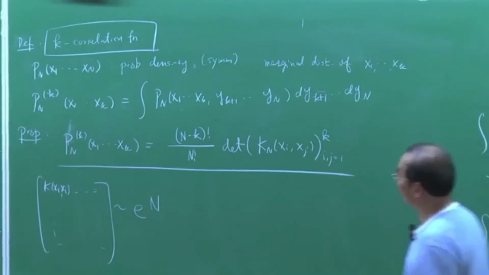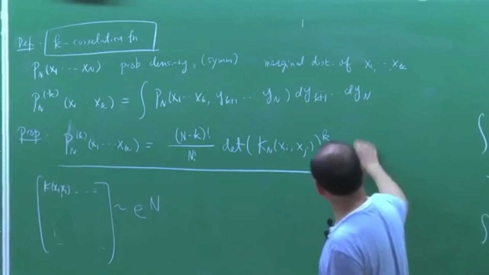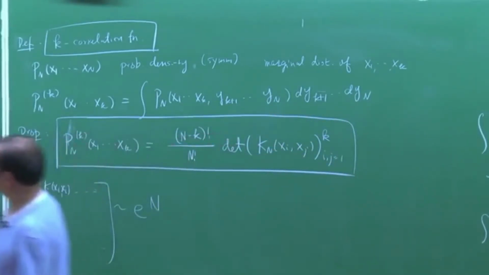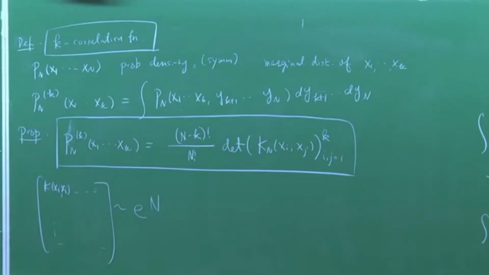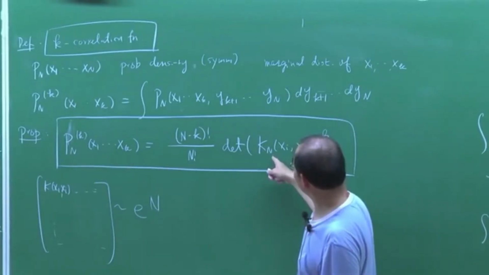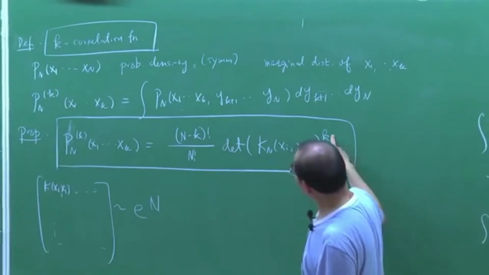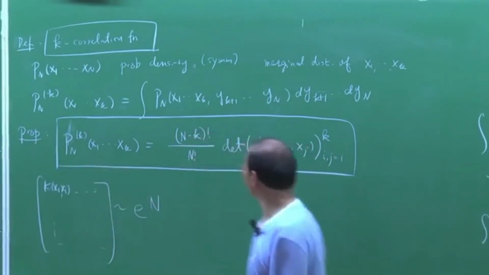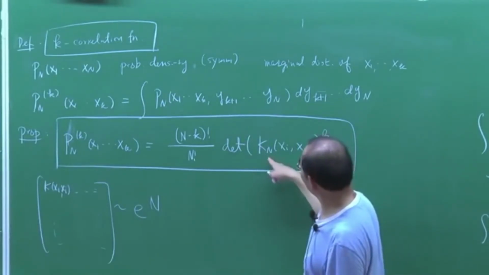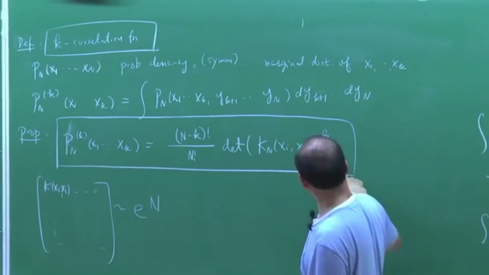Now the marginal distribution of k particles, amazingly, also has an explicit formula. This explicit formula says you can integrate out directly. In the beginning, this is K_n(xi, xj) with i, j from 1 to n. But when I do the integration over y_{k+1} to y_n, you just reduce this determinant structure to K(xi, xj) with i, j from 1 to k.